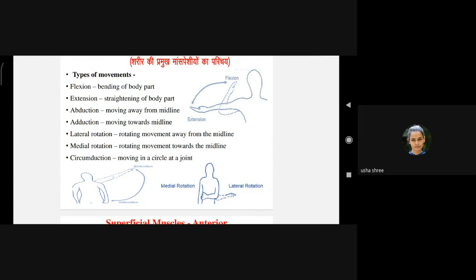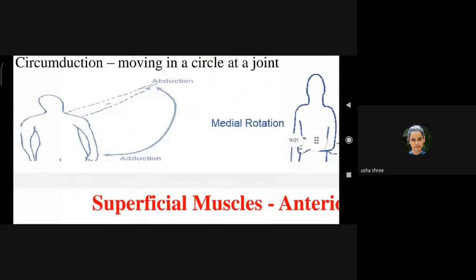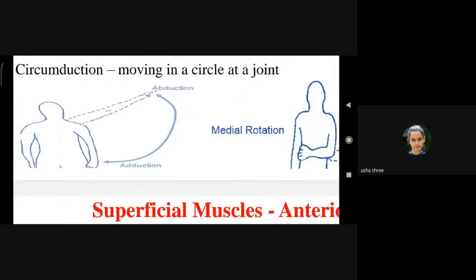Like if we are raising our right hand to the right side, then it is abduction. And if we are making our hand closer to our body, then it is adduction. You can see here in the picture, if the hand is raising, then it is abduction. And if the hand is coming to its own position, then it is adduction.